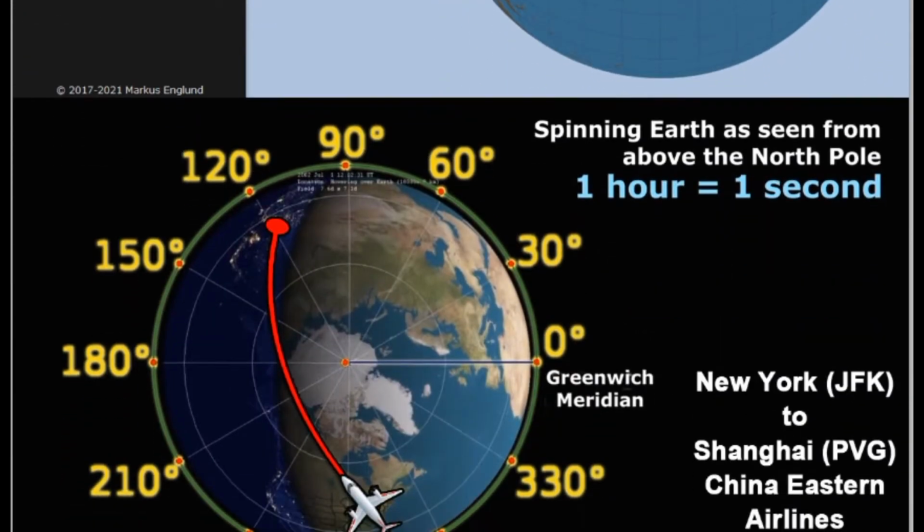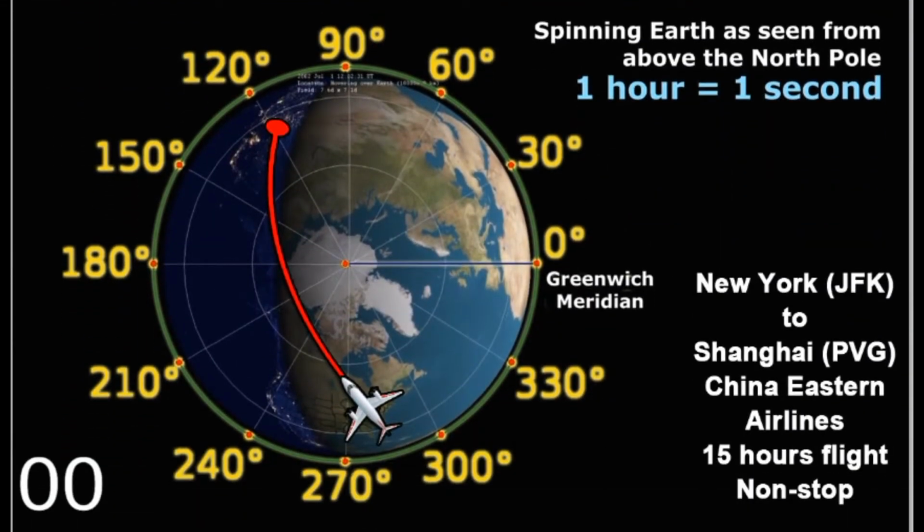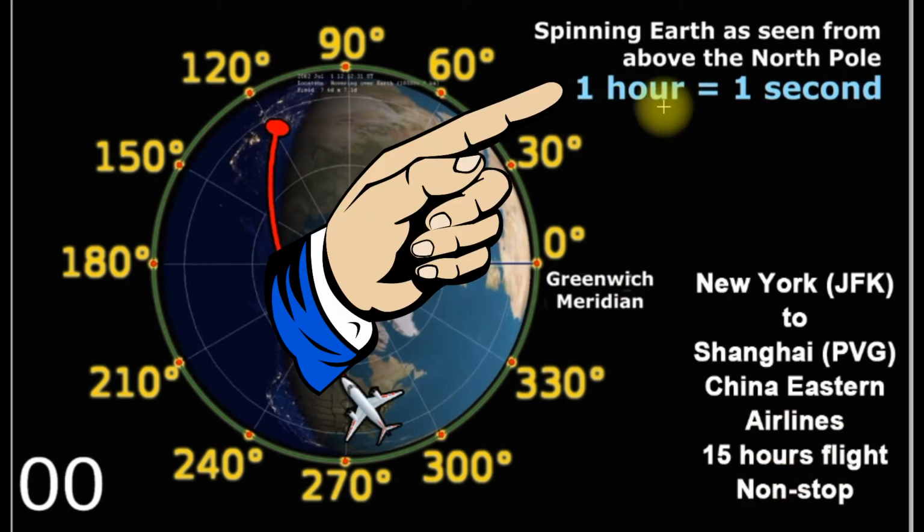This is the flight route going over the North Pole region, this region right here. And the flight New York to Shanghai by China Eastern Airlines, a 15 hour long non-stop flight. Remember, each hour equals 1 second. We're going to run the timer for 15 seconds, which will equal 15 hours.